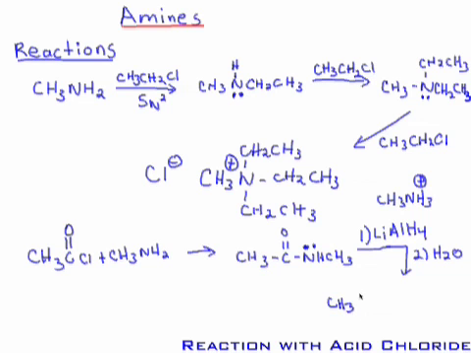So this was also a preparation of an amine, but because the amine is attacking the acid chloride, it's a reaction of methylamine. So one amine is used to produce a new one. And we examined the reaction mechanism of this amide reaction in the carboxylic acid derivative section.